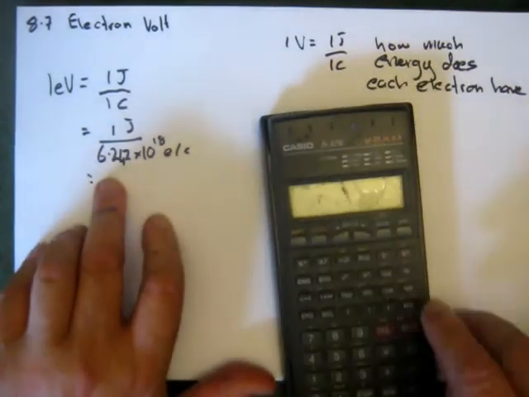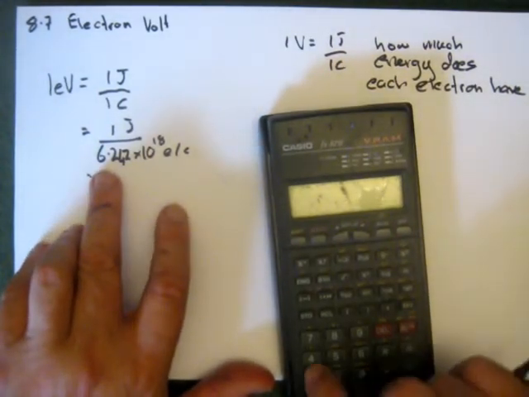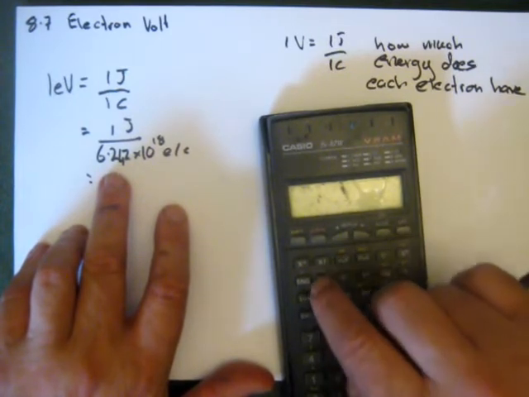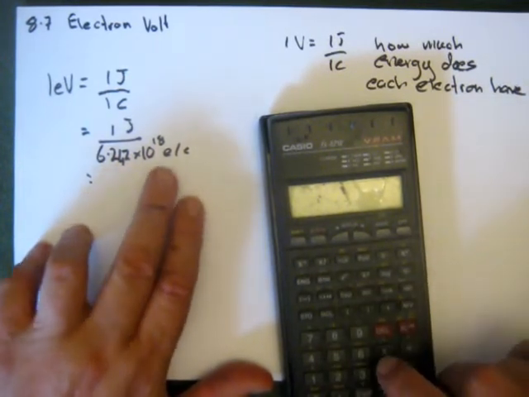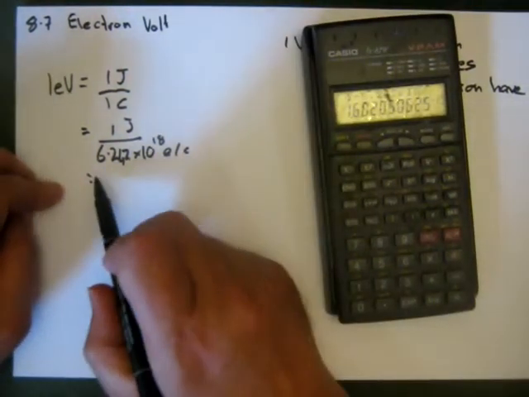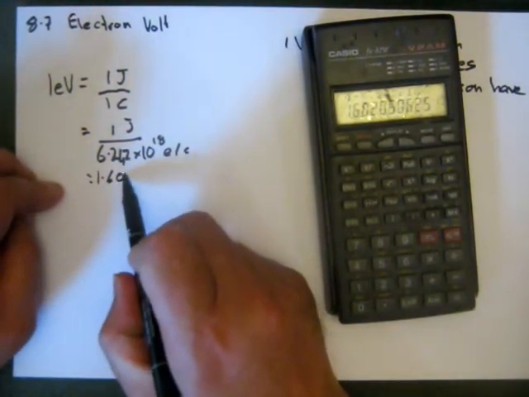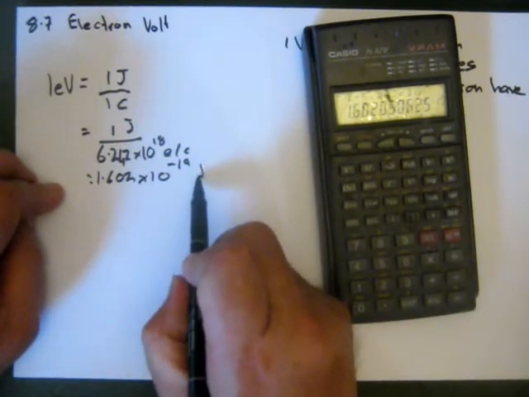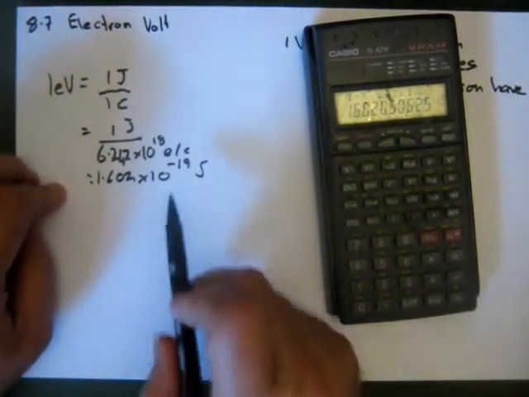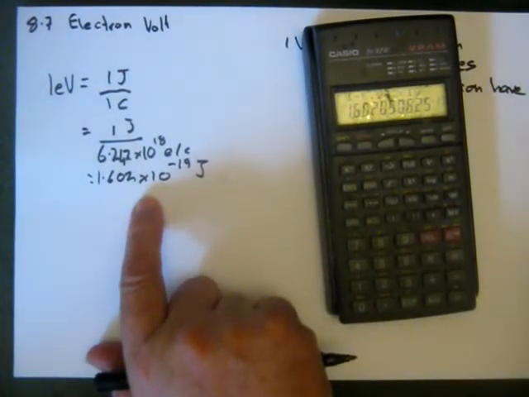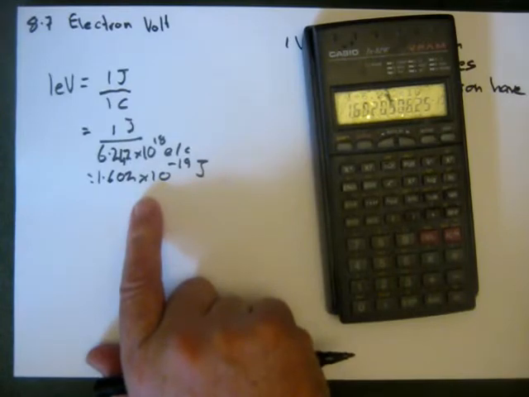Let's just make sure we got this right: 1 divided by 6.242 times 10 to the 18 electrons is equal to 1.602 times 10 to the negative 19 joules. So this is how much each individual electron is going to have.